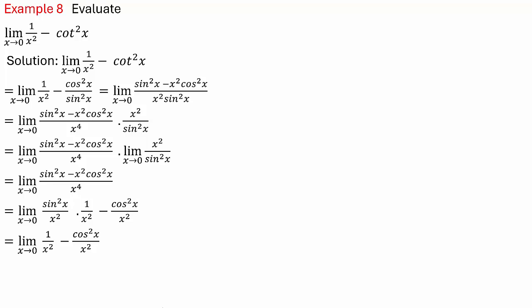That's why it remains limit x tends to 0 of 1 by x square minus cos square x by x square, which is nothing but limit x tends to 0 of 1 minus cos square x divided by x square. But 1 minus cos square x equal to sin square x. Therefore, this becomes limit x tends to 0 of sin square x divided by x square, which is 1. And hence, limit x tends to 0 of 1 by x square minus cot square x is equal to 1.